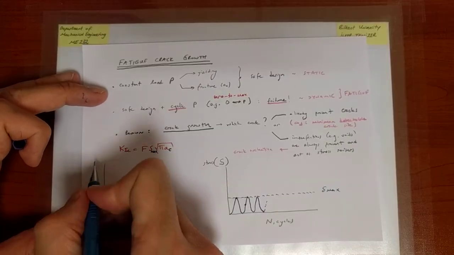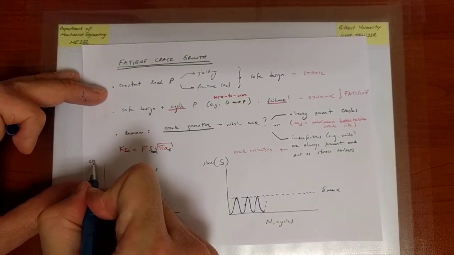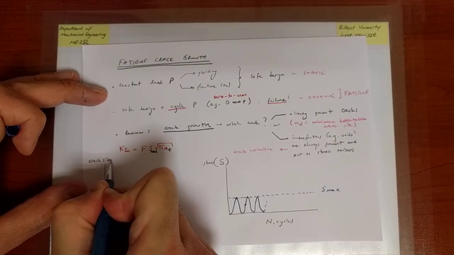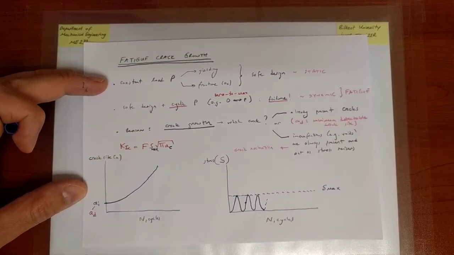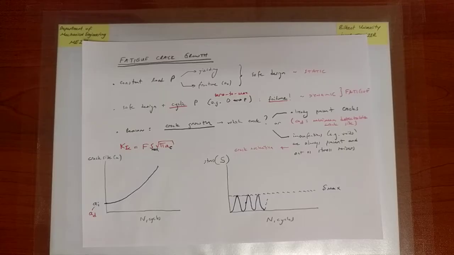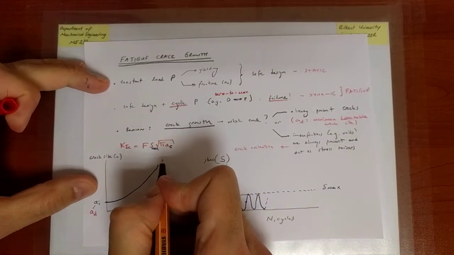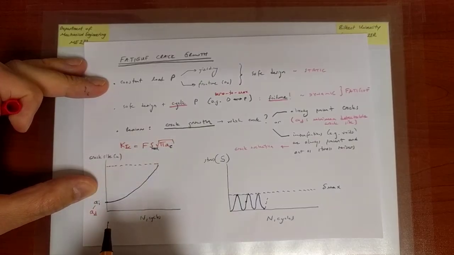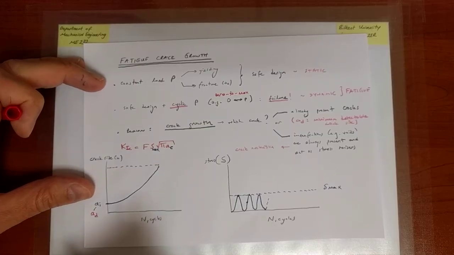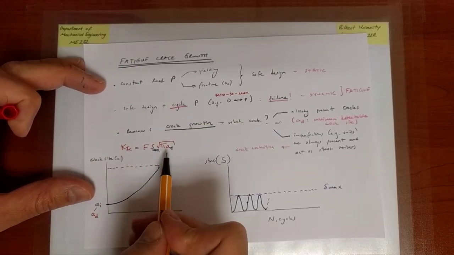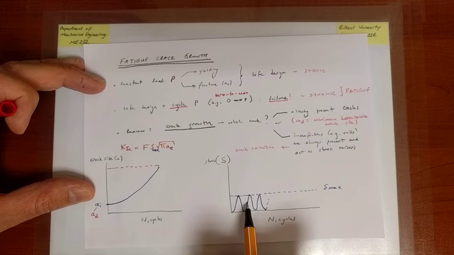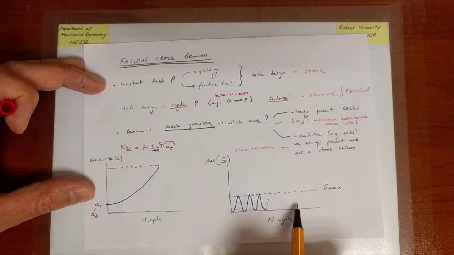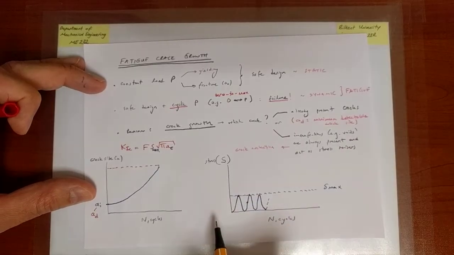So that's A. And at some point it will reach the critical crack size. Now, if it is equal to the critical crack size, then we know that as soon as you reach the value of S max at the, say, 1000th cycle, fracture will occur, right?